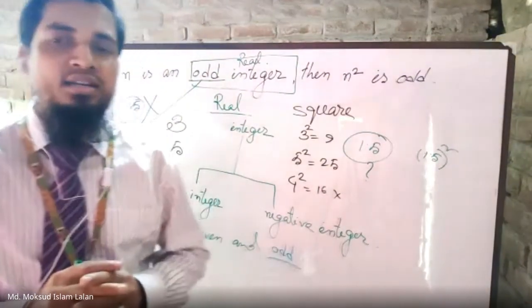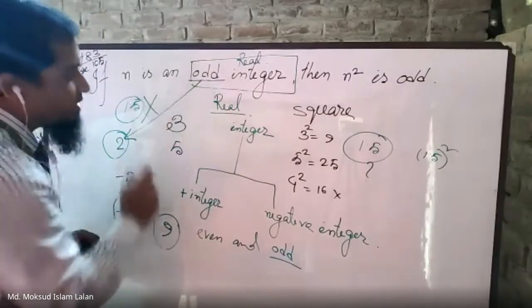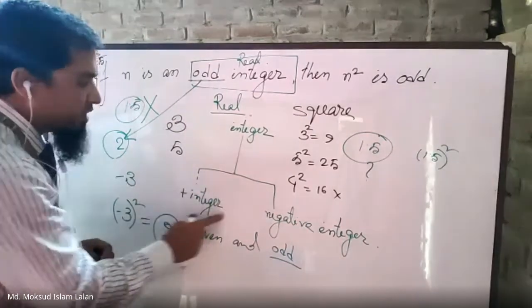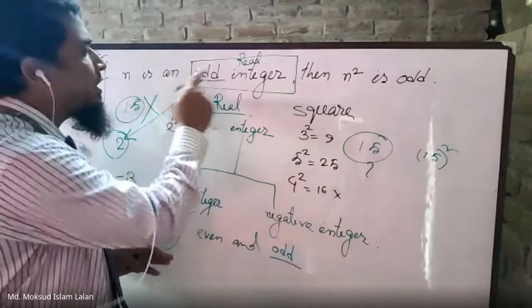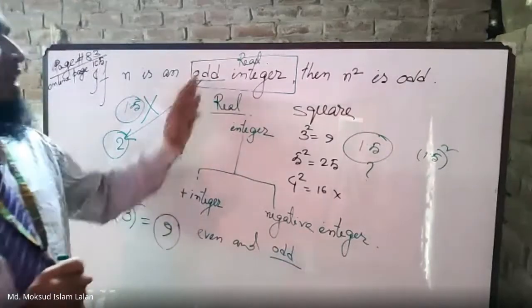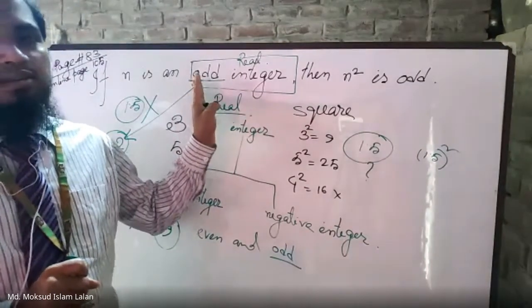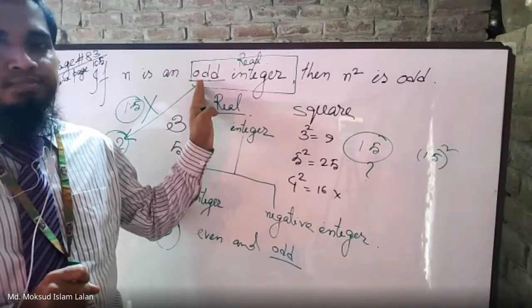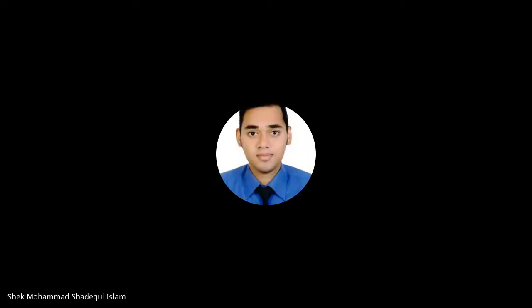Is it clear? Yes, sir. Here odd integer carries, maybe it will be positive odd integer or negative odd integer. That is the thing. Okay, do you understand? Yes, sir.